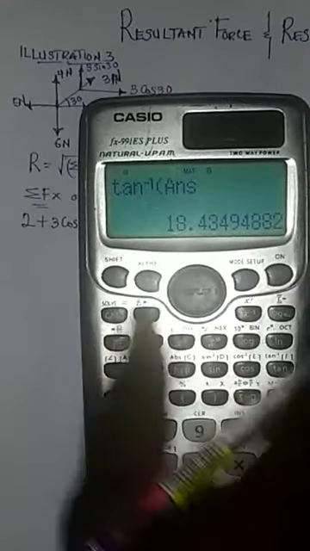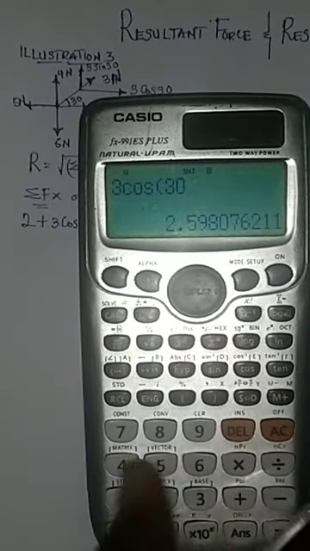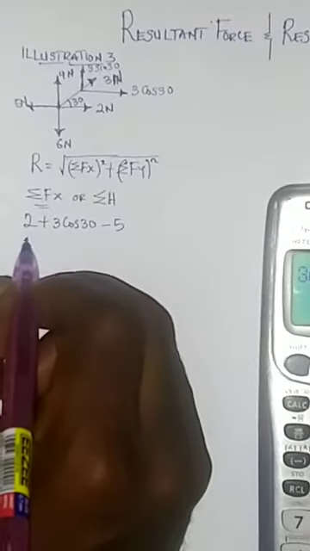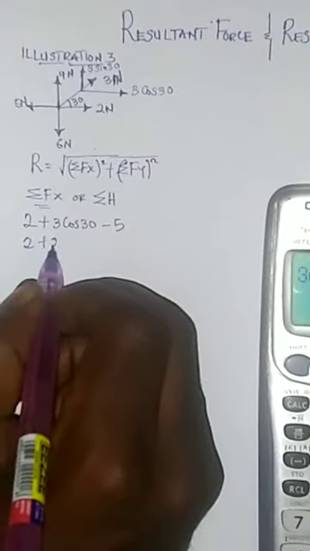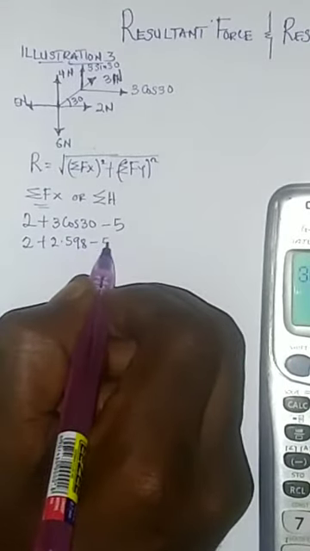Now 3 cos 30 gives me 2.598. So I'm having 2 plus 2.598 minus 5.